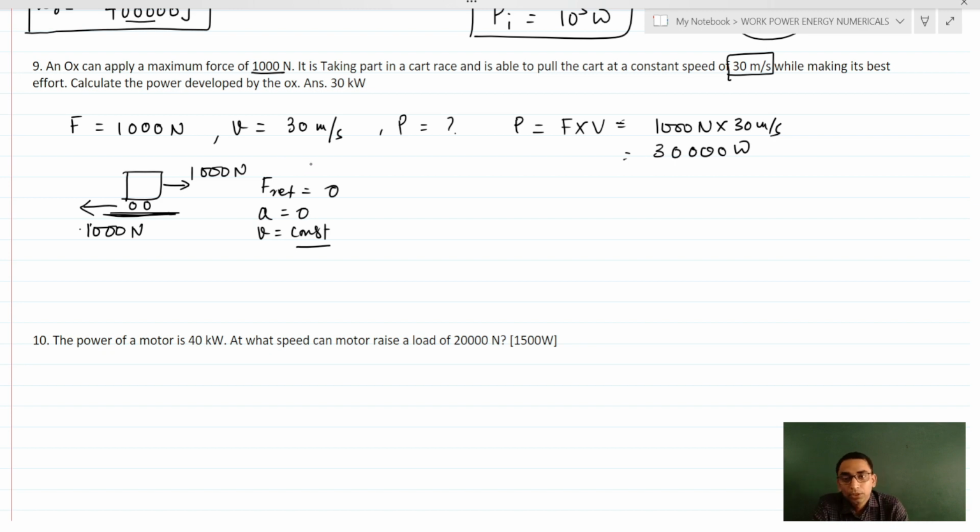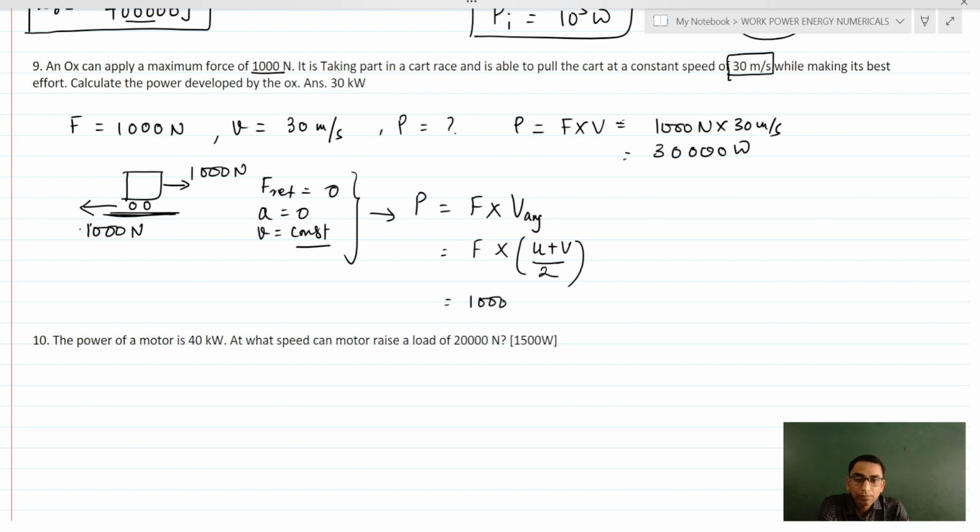The correct answer should be explained in this way, that power is equal to force into V average. So since power is equal to force into average velocity, where average velocity is initial plus final divided by 2, correct? But here the value of force is 1000 Newton times the average velocity, 30 plus 30 divided by 2, so again it is 30 meters per second.